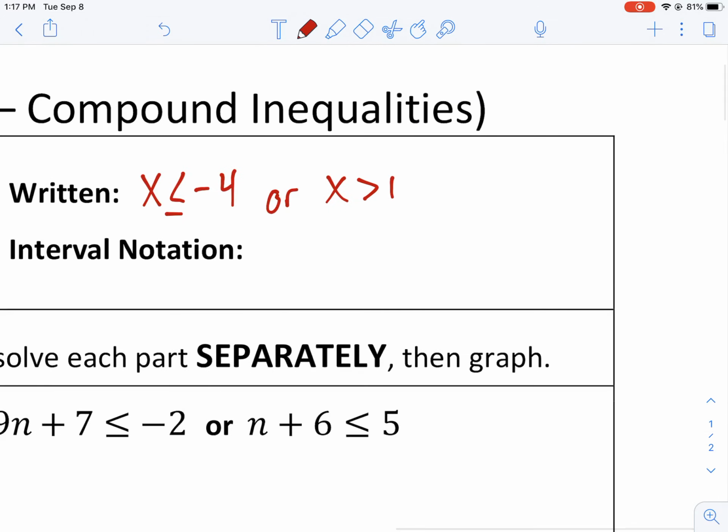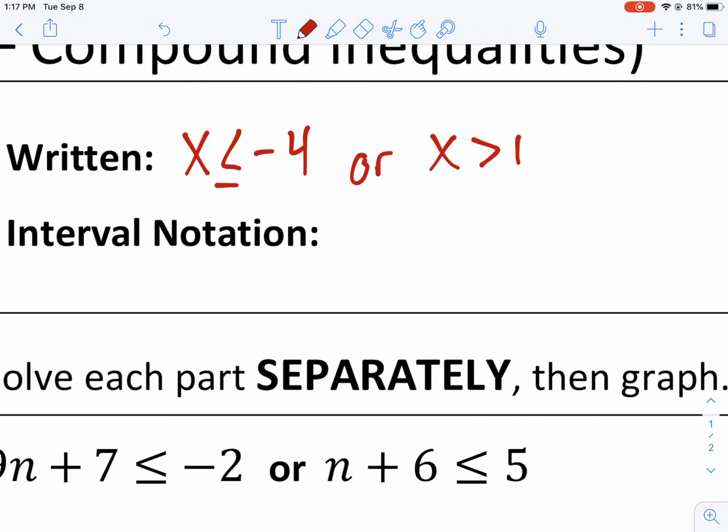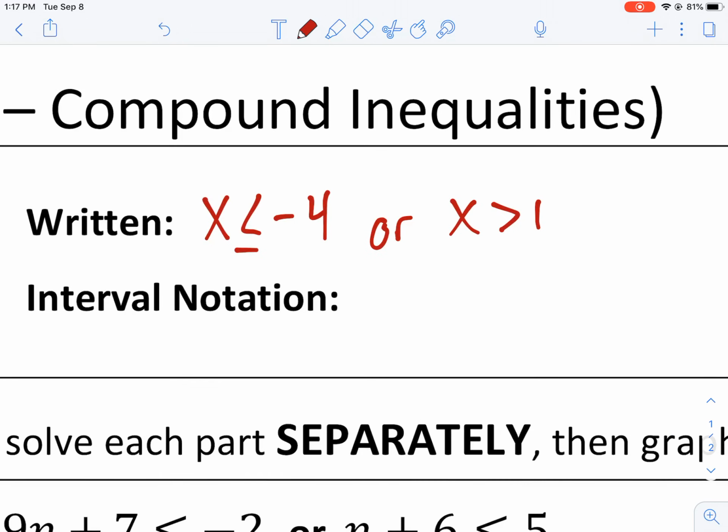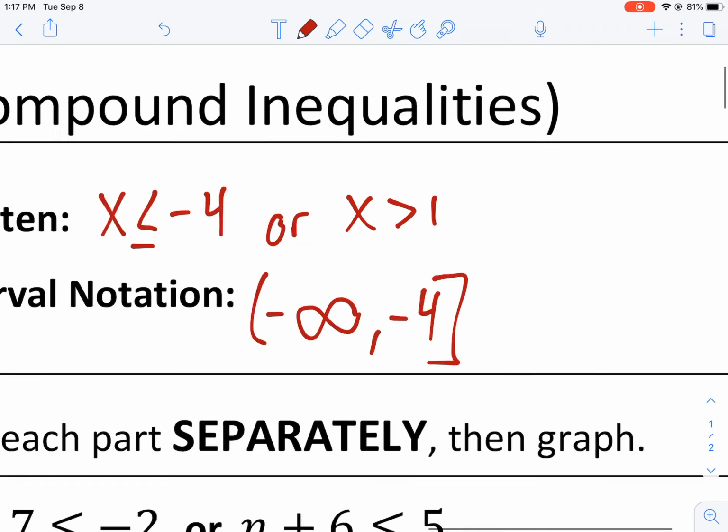So the way that'll look in interval notation is you'll actually have to have two interval notations, one for each. If you think about what we did yesterday, it's just taking that and then doing it 2 times. So if we want to represent this part of it, it's going all the way to the negatives forever. That's negative infinity. So we're going to have negative infinity up to -4, and since it's a closed dot, we're going to use a bracket.